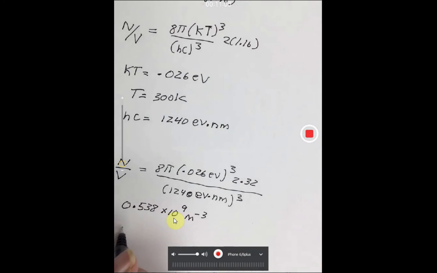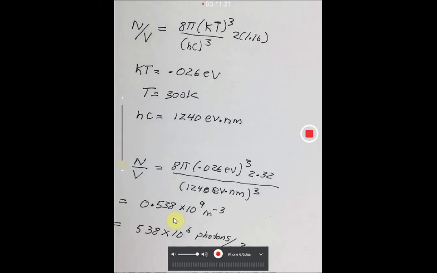So I get 538 times 10 to the 6 photons for every cubic meter. So there's an example.